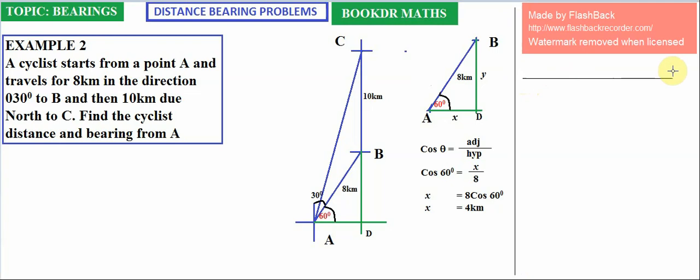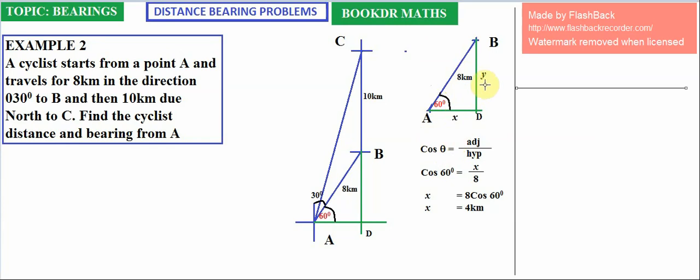Now, let's go to the next stage of our discussion. We are going to solve for the other side, y. Y is opposite. So now that we know the adjacent and the hypotenuse, we can use any of the trig ratios. I am going to use sine.